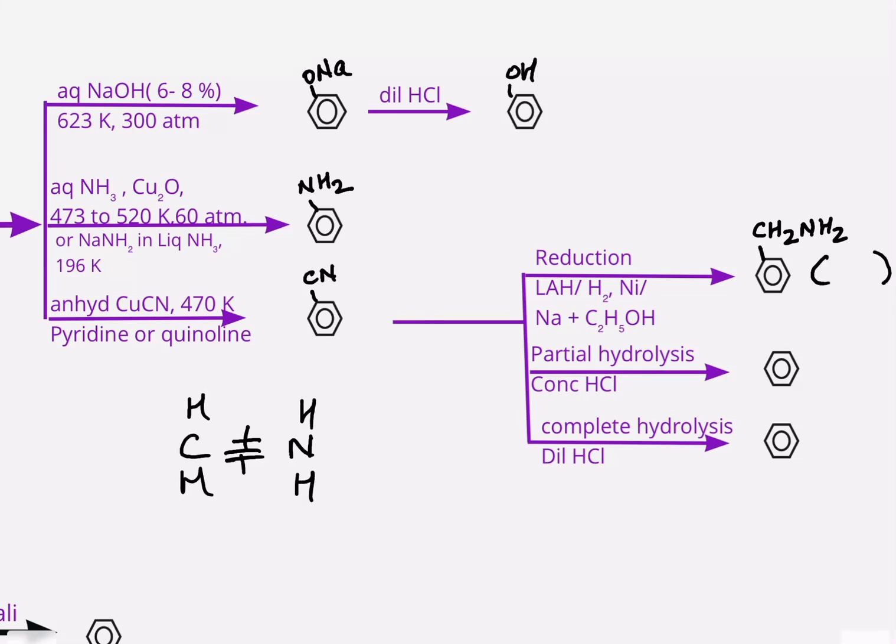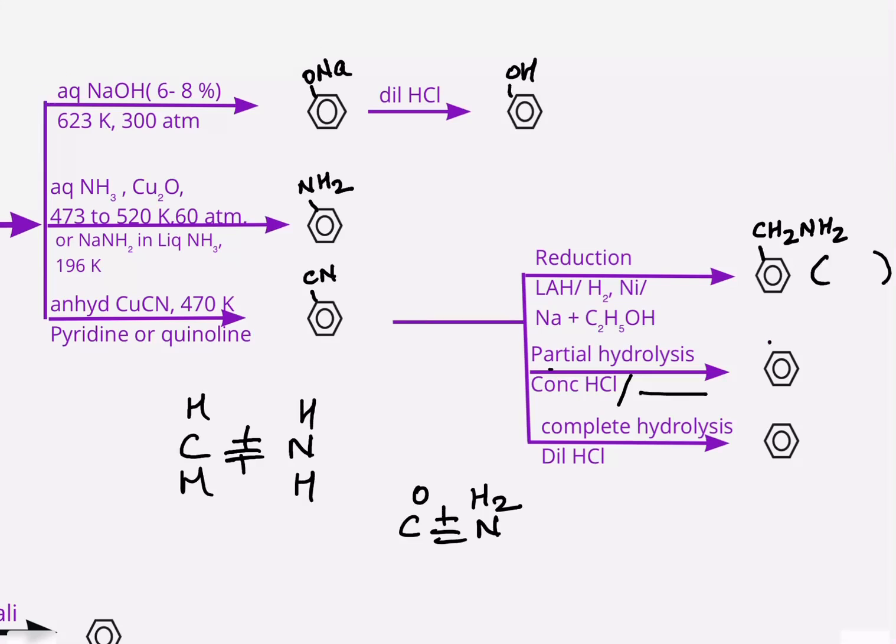Okay. Next, we've got partial hydrolysis with concentrated HCl. There was one more reagent we spoke about when we did haloalkanes. Complete that over here. Partial hydrolysis means C triple bond N. Hydrolysis means water, O and H2 over here.